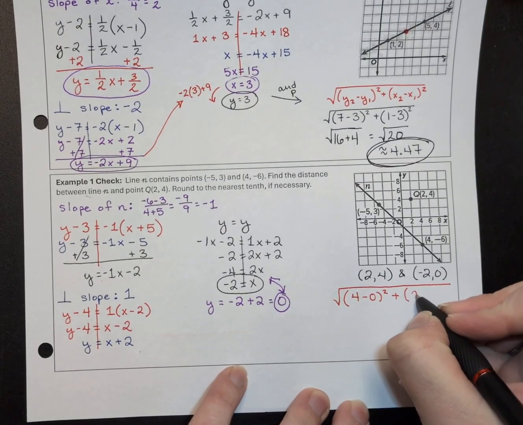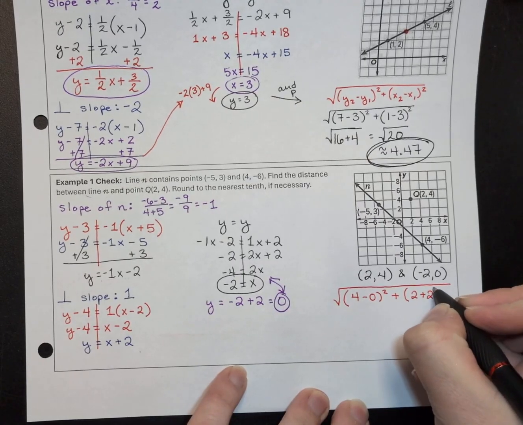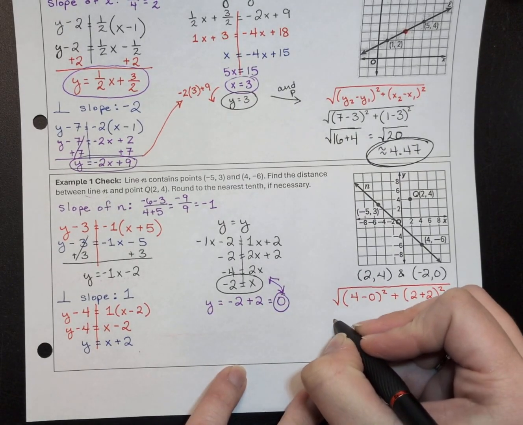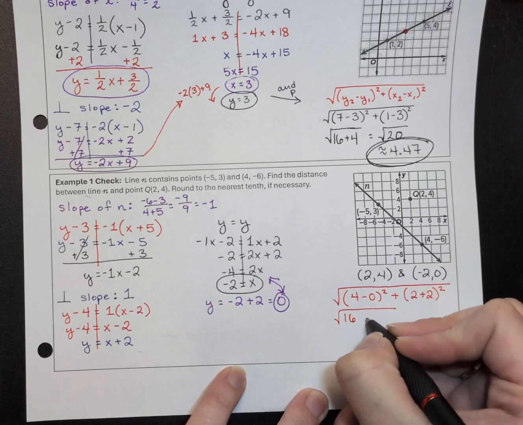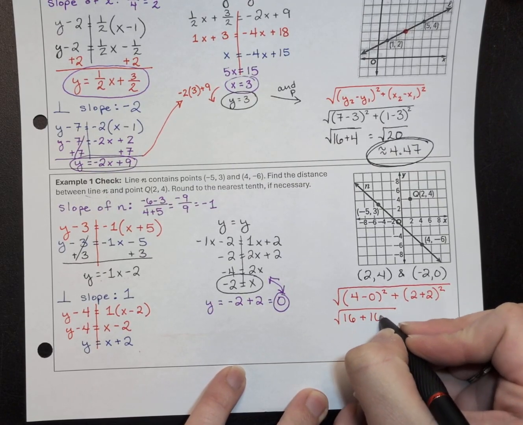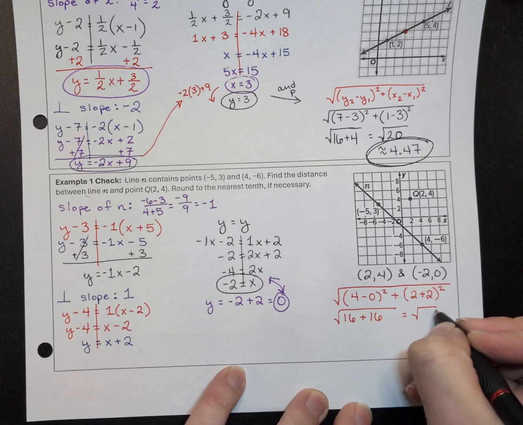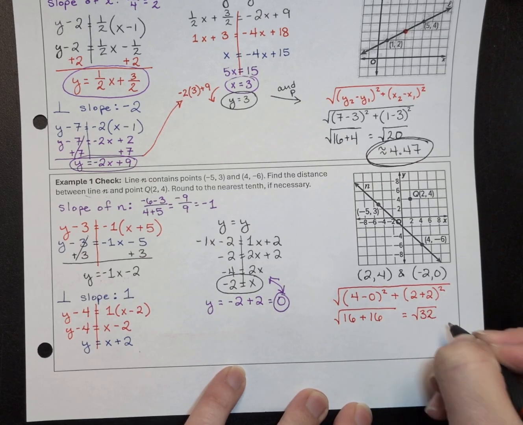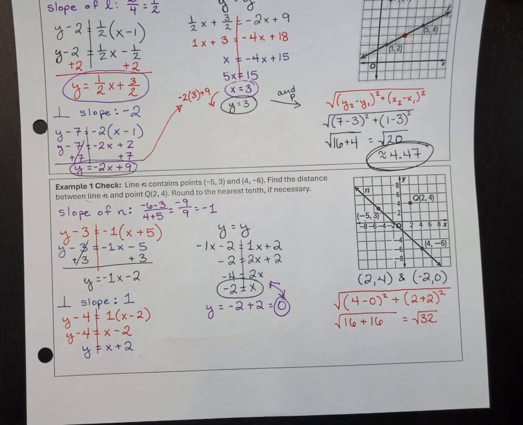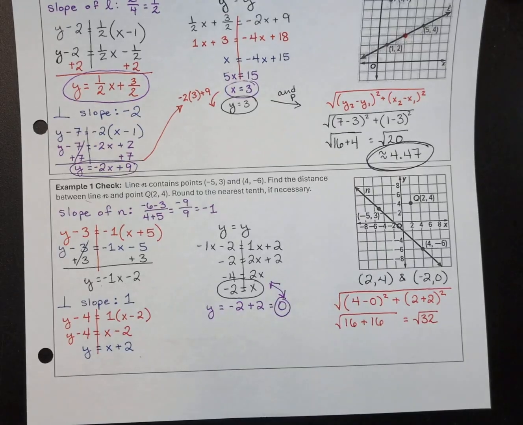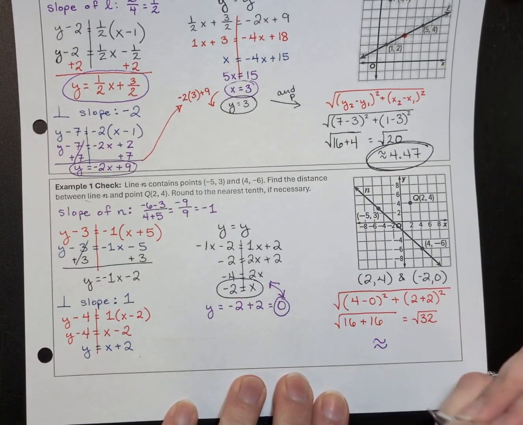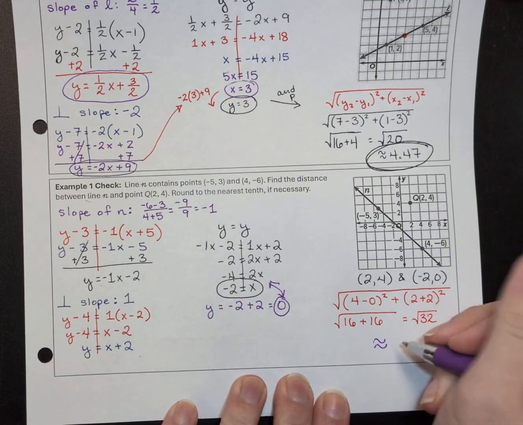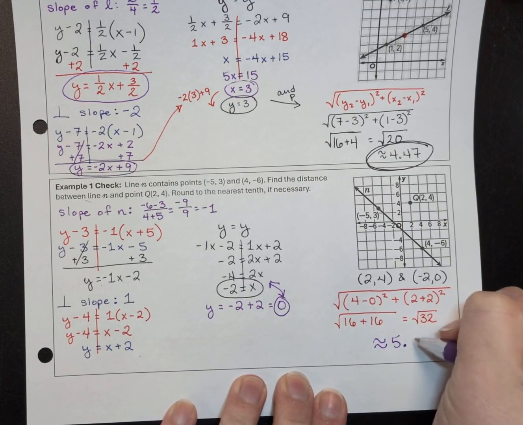And then... This is so easy. And you should get the square root of 32. It says rounded to the nearest tenth, so you should have gotten 5.7.